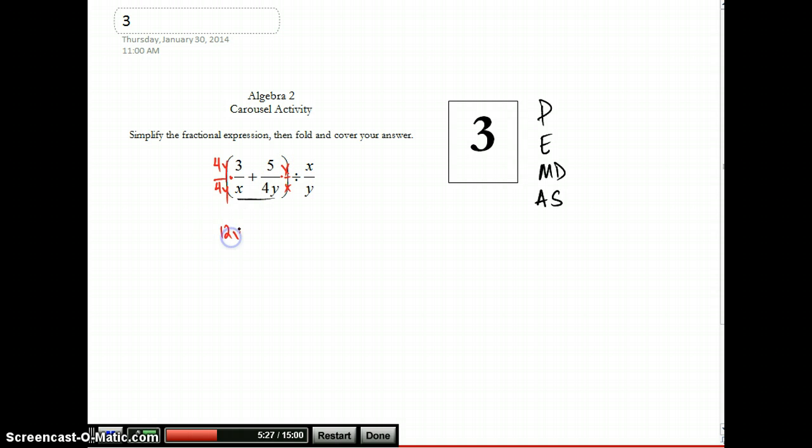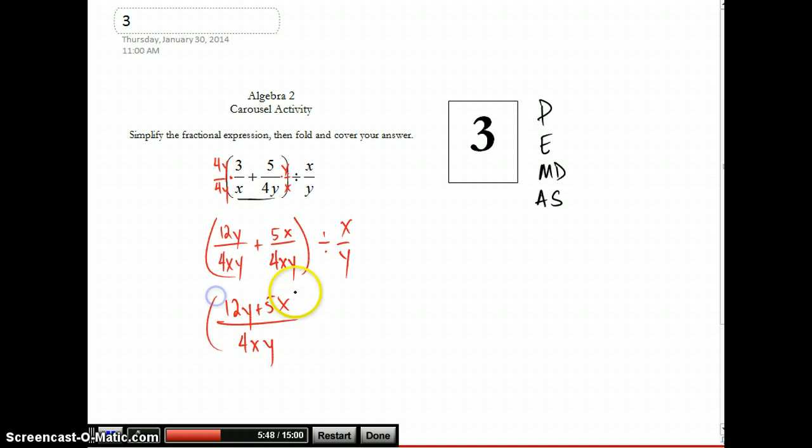I get 12y over 4xy plus 5x, because we were multiplying by x, over 4xy, which becomes 12y plus 5x over 4xy divided by xy.